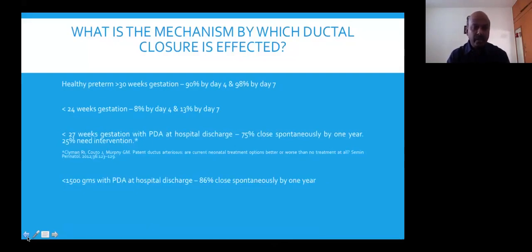Less than 1,500 grams with PDA at hospital discharge, again 86% close spontaneously by 1 year. So in preterm babies, the closure takes longer. The permanent closure takes longer for obvious reasons. And if the baby is not too symptomatic, you can wait up to a year to see if permanent closure happens or not.